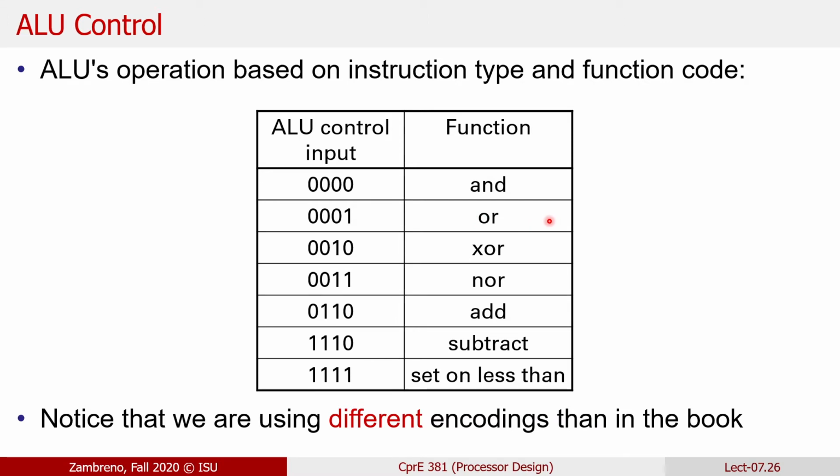What matters is that there needs to be some sort of encoding scheme, and you and your project partner or partners need to agree on it. You just have to all be in the same shared understanding that yes, this is our ALU encoding. Add corresponds to this, AND corresponds to that. Otherwise, it doesn't matter.